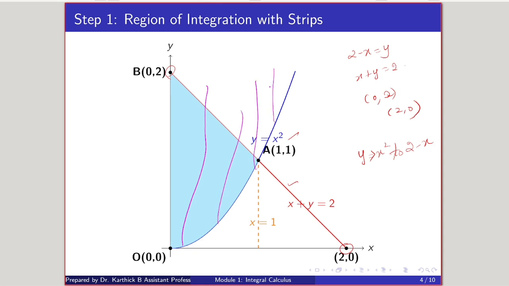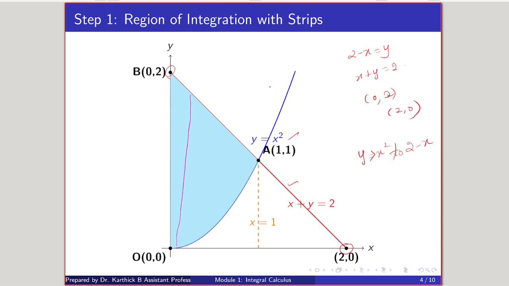So these are the regions. And y varies up to 2 minus x, therefore it should lie below the line.